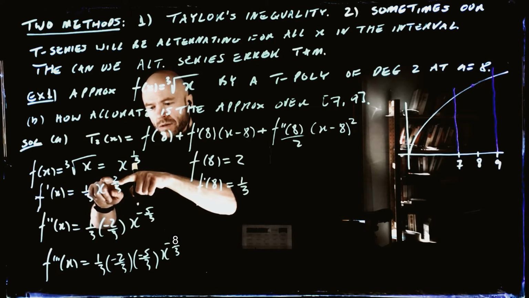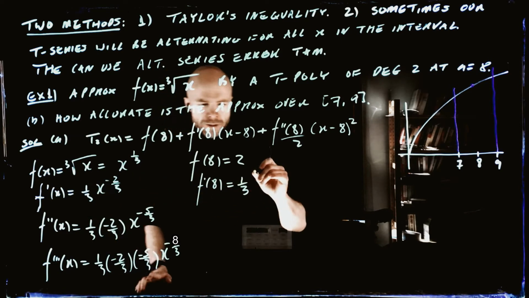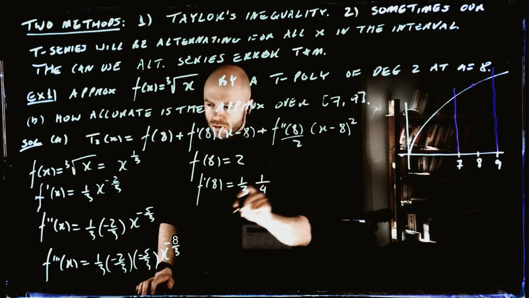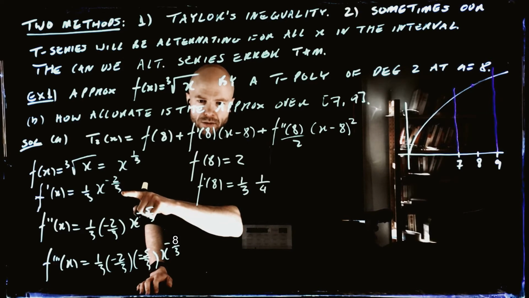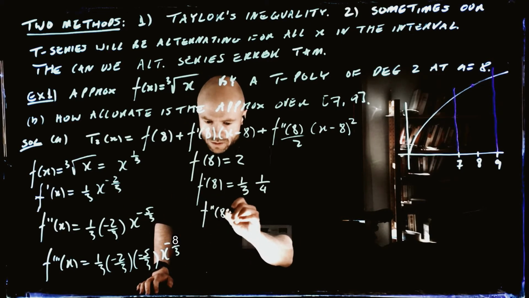Yeah? So that's going to be just 1 over 4, this thing here. Are you happy with that? Yeah? Thumbs up if yes, thumbs down if no. Yeah, cool. Good. Then second derivative.